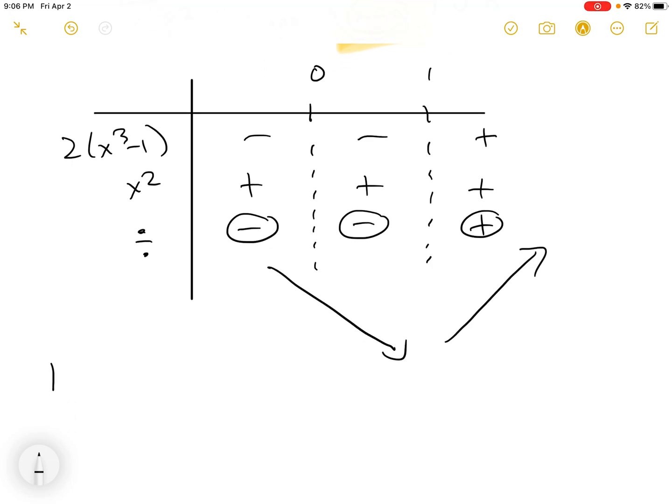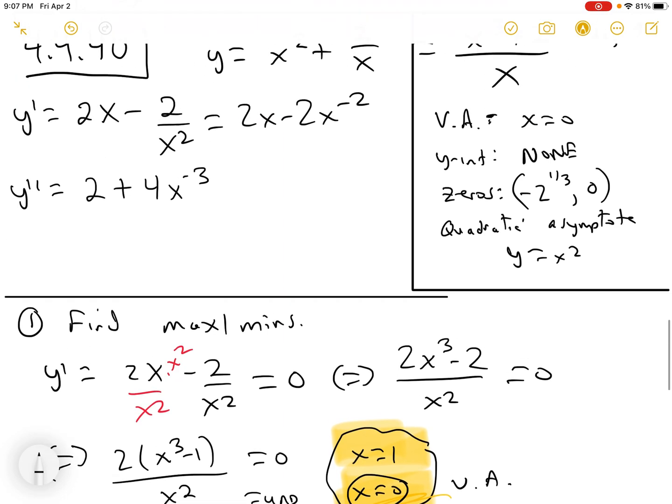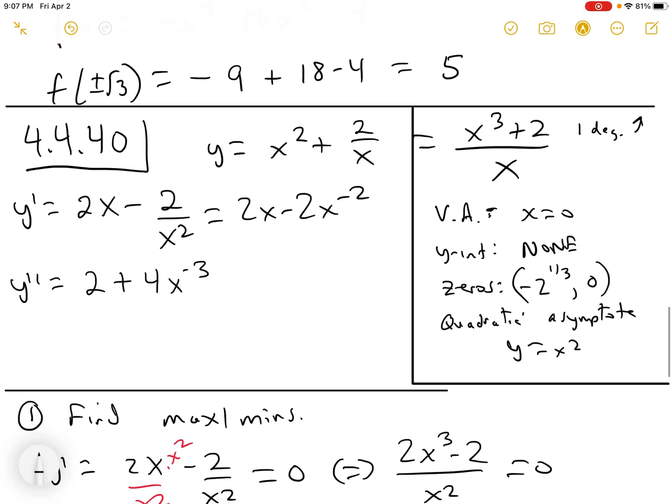So we have a local min at 1 comma f of 1. Okay. And what is that? That's 1 comma. What's f of 1? F of 1 is 3. That's nice.